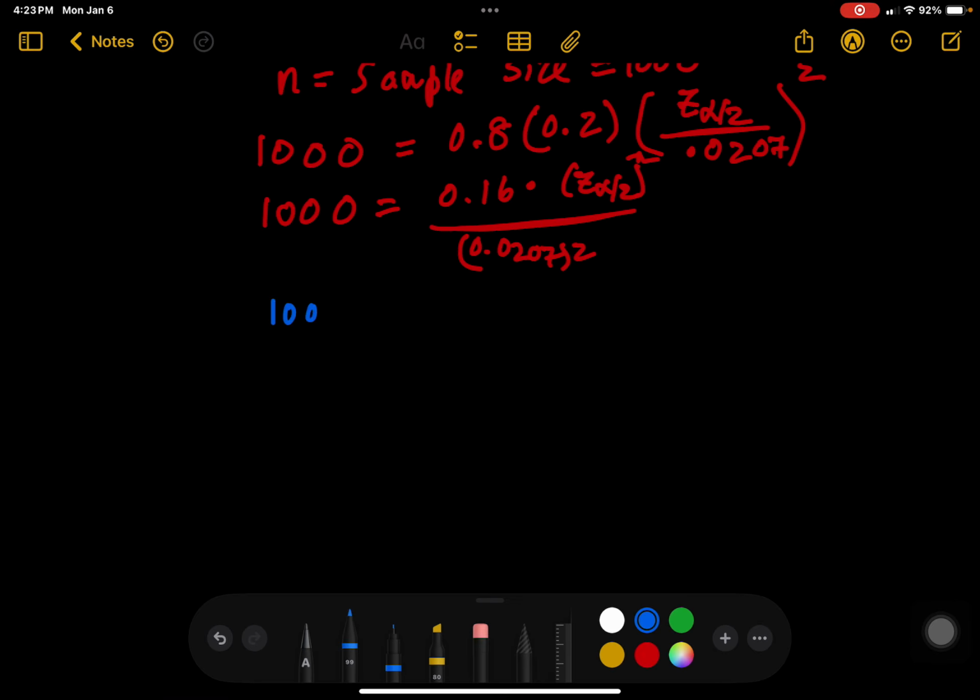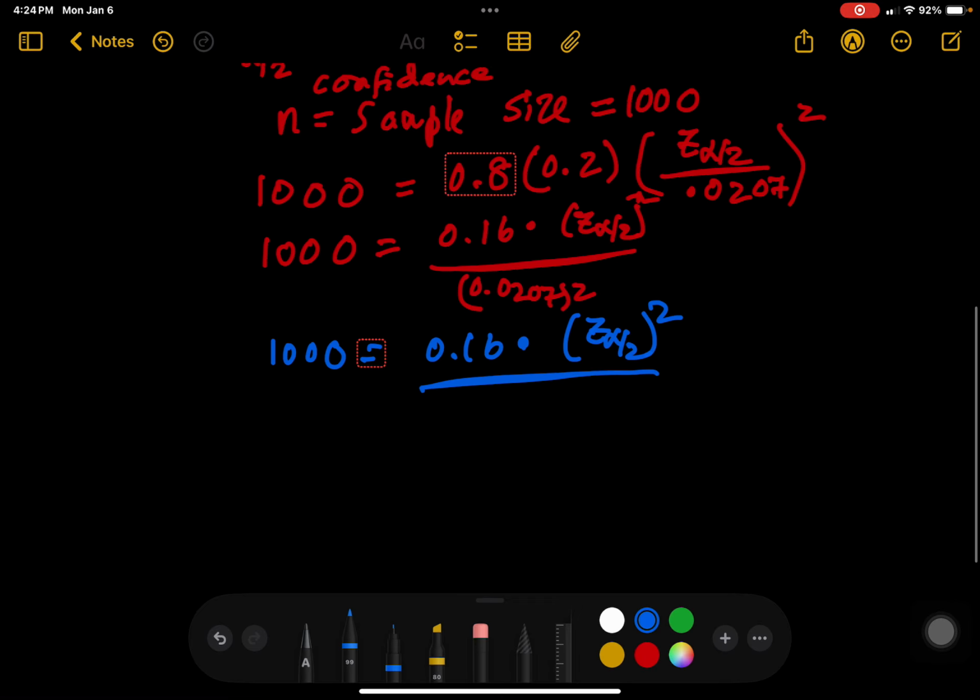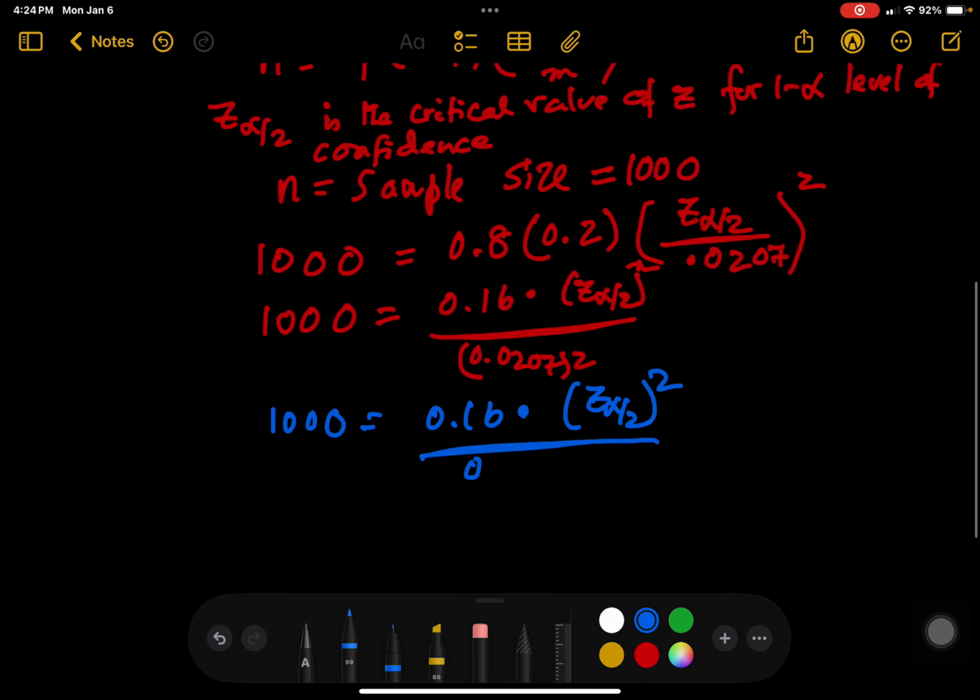So 1,000 is equal to 0.16 multiplied by Z alpha by 2, whole thing squared, divided by... I'm using my calculator to calculate 0.0207 squared, which is 0.000428.